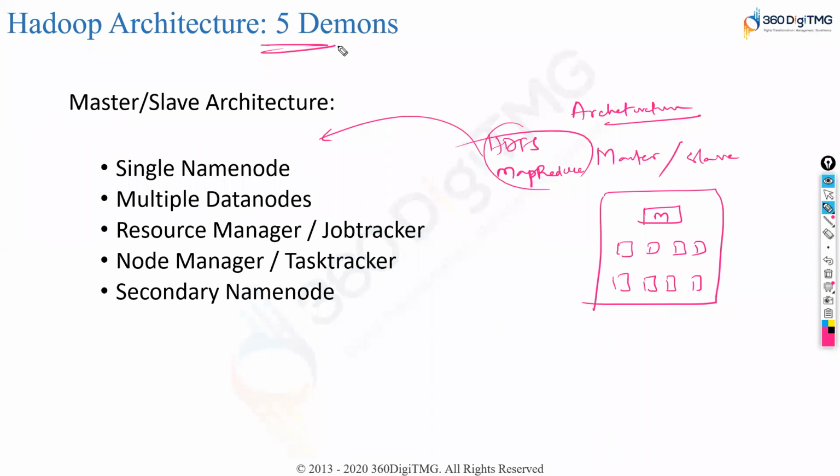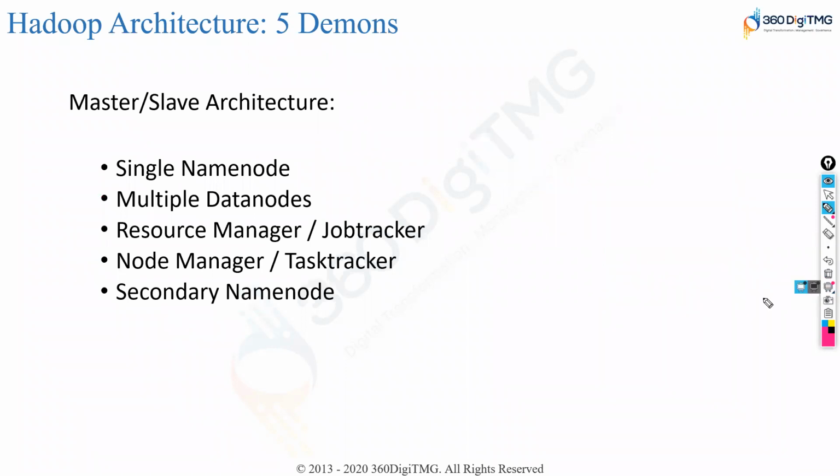And in Hadoop, we have 5 daemons. And these daemons are name node, data nodes, resource manager, node manager, and secondary name node. Right? These are the 5 services which run in the backdrop.